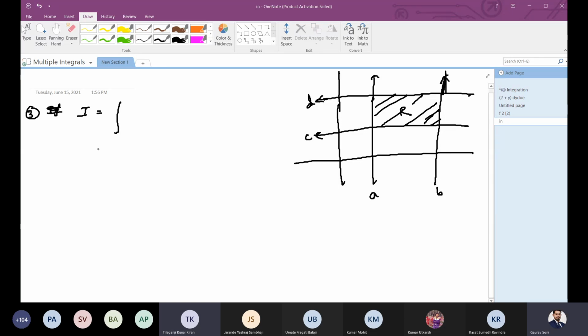Yes, exactly. So x is running from a to b, y is running from c to d, f of x y, dy, dx.